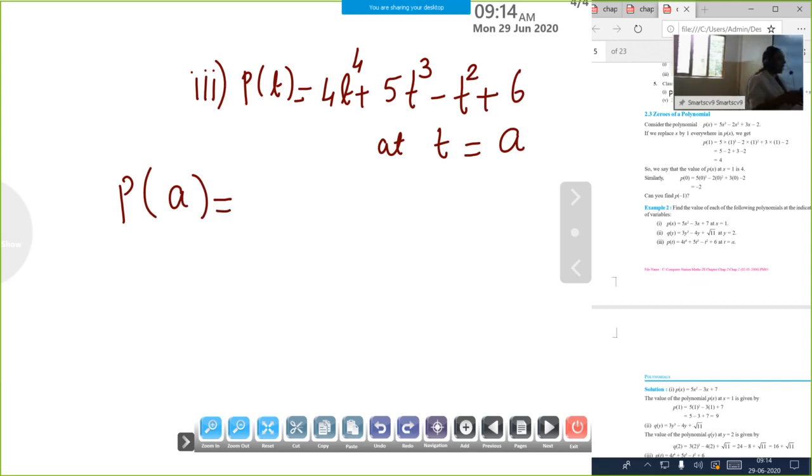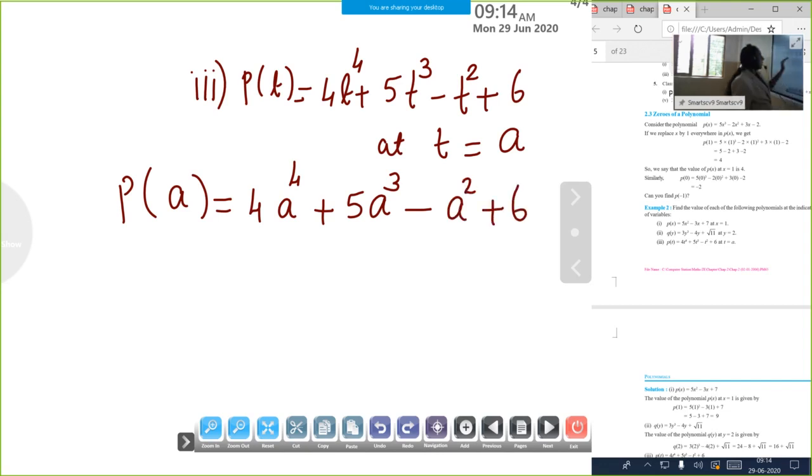Here there is no need to split a into a, because when you multiply with a variable, the answer is the variable itself. So we can write 4a raised to 4, in the place of t substitute the value a, plus 5t cube, means 5a cube, minus t square, means a square, plus 6.